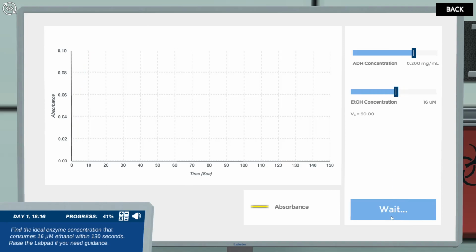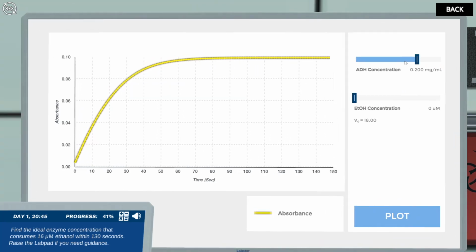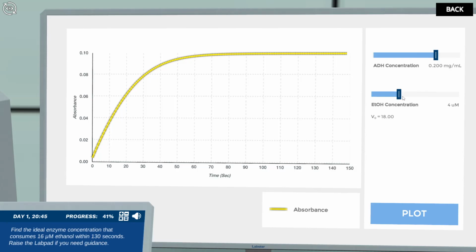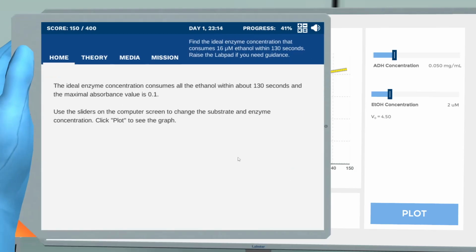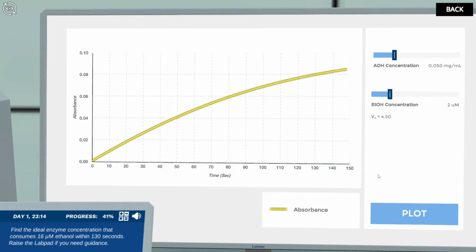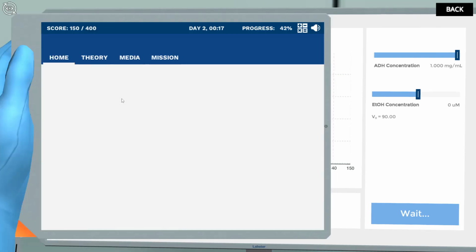Raise the lab pad if you need guidance. Have you found the optimal enzyme concentration?